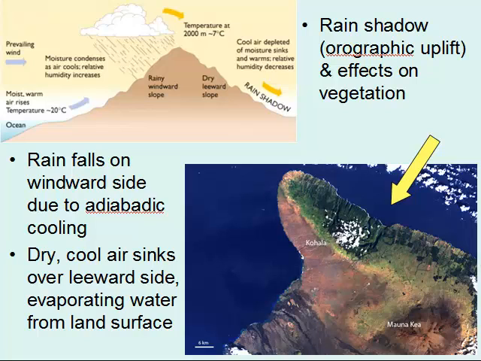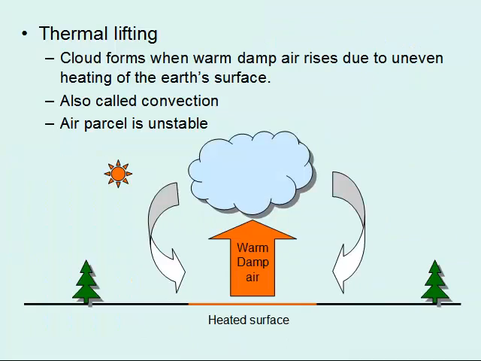So you can make the assumption based on the green versus brown that the green side probably gets a lot more moisture, and that's the side that the air masses are coming from, being forced up and over this island, dropping the moisture on the windward side and then evaporating moisture from the leeward side.